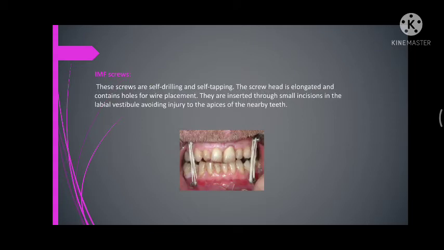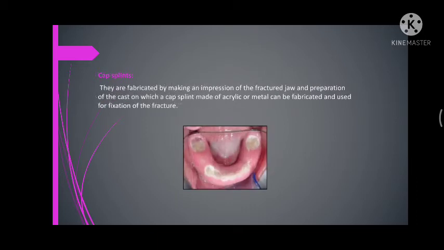IMF screws. These screws are self-drilling and self-tapping. The screw head is elongated and contains holes for wire placement. They are inserted through a small incision in the labial vestibule, avoiding injury to the apex of the teeth. And cap splints.